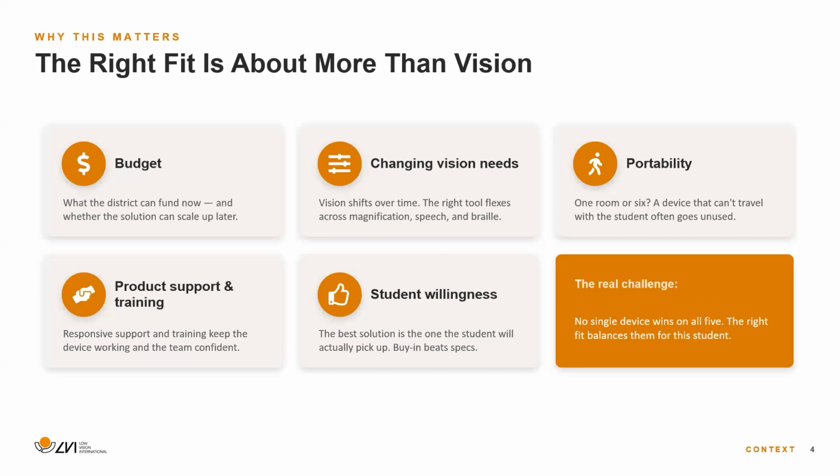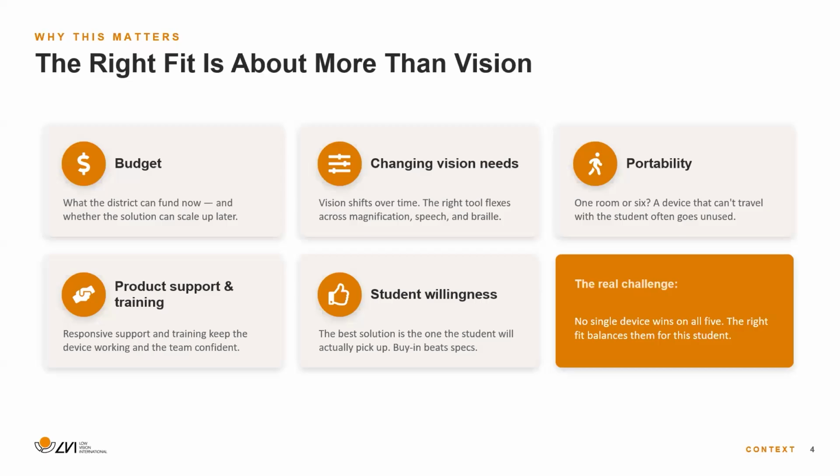We often have the discussion in the industry about camera quality or screen size, things like that. And in functional assessments, those types of things might be valued more than a student's willingness to use those things.